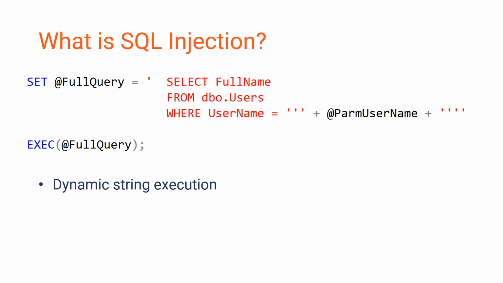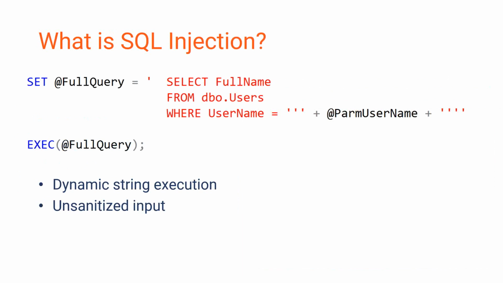Like I mentioned, a SQL injection attack is always going to be where we have a dynamic string being executed. It's the only way it can happen. And the key is that we have a parameter that's getting added to our dynamic string that has input that hasn't been sanitized, right? The user is submitting some kind of data.